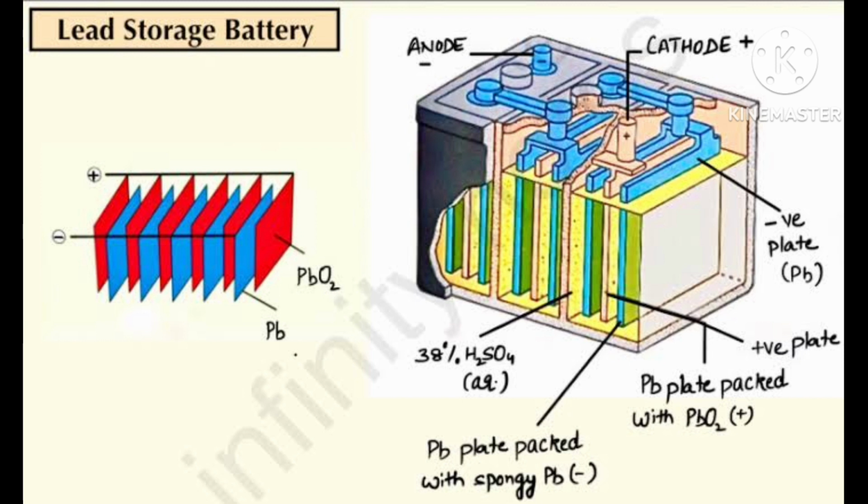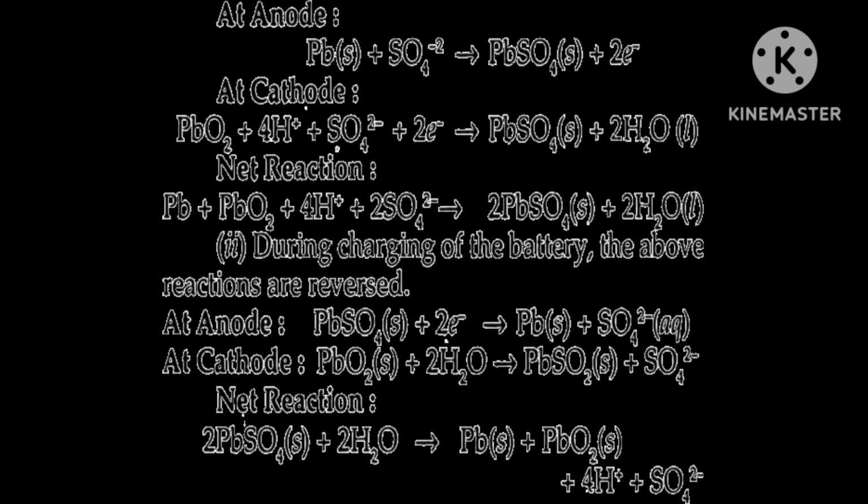You have to pass current from the product side, and the product will convert to reactant, the reverse reaction: 2PbSO4 plus 2H2O gives, during charging, Pb plus PbO2 plus 2H2SO4.